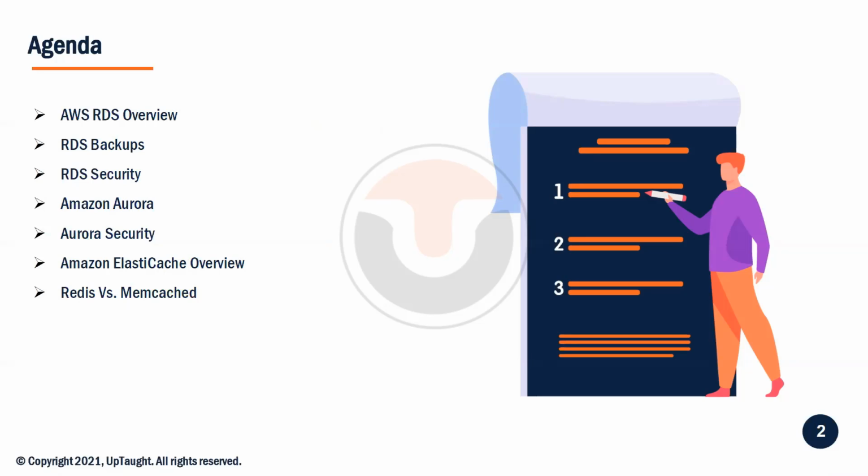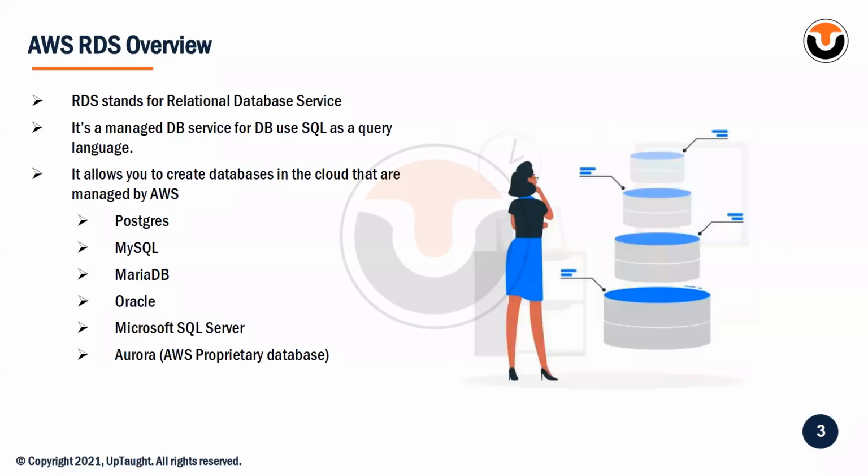All right, okay, let's go. Next, we'll start looking at RDS. What is RDS? The relational database service. It's a managed DB service. What do you mean by managed? No patching required, no licensing cost, no software cost.